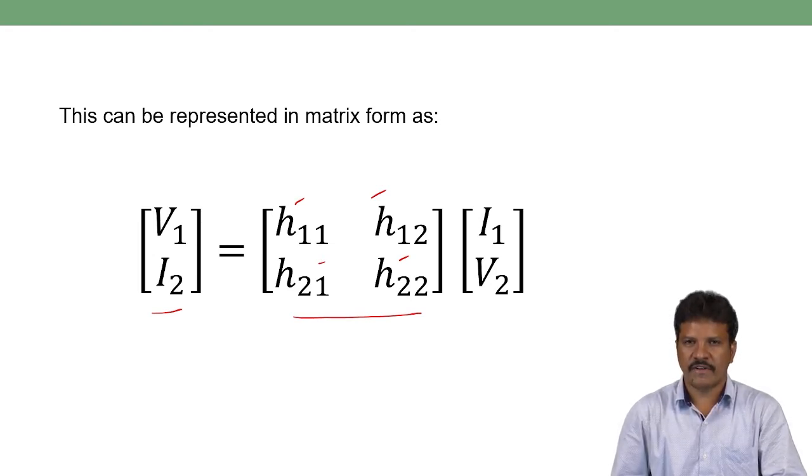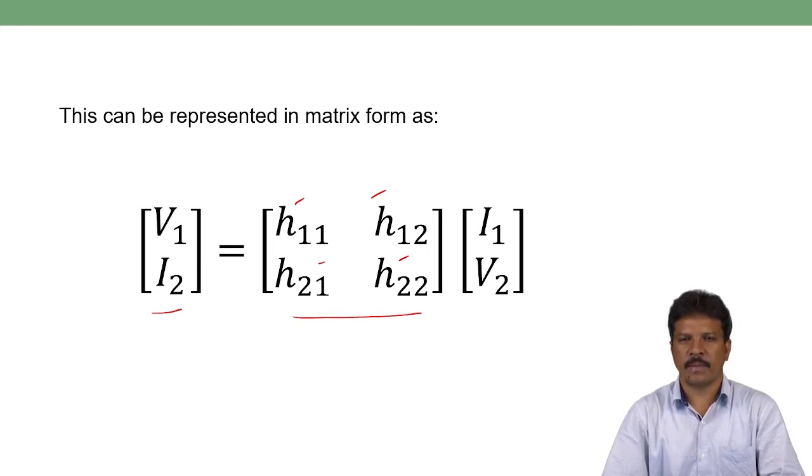Let us find the first parameter. We can divide it into 2 parts: by keeping the output side constant we get 2 parameters, and by keeping the input side constant we get the other 2 parameters.